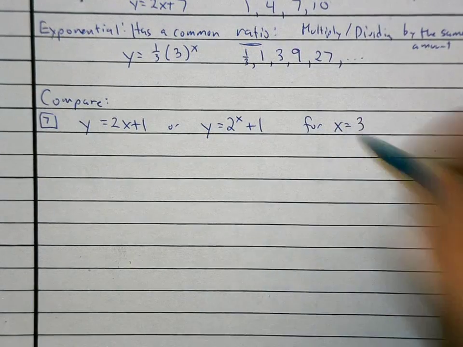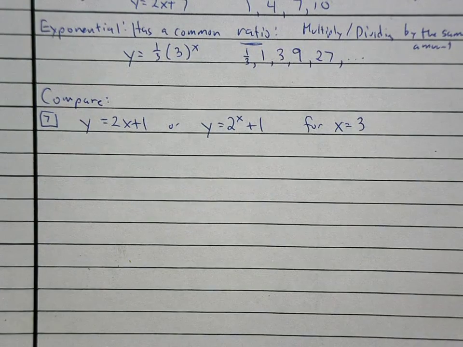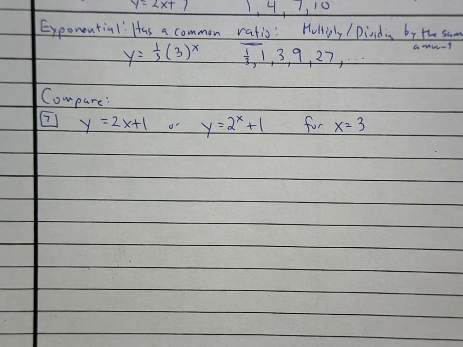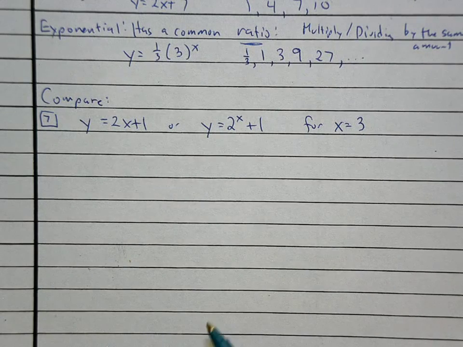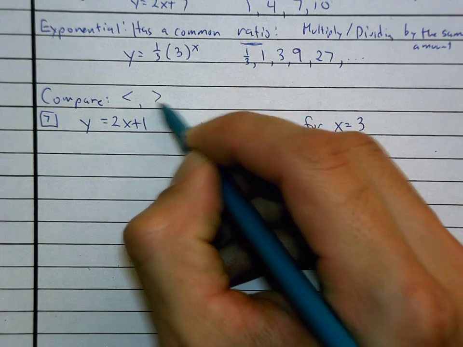They have to say for what value, because we don't know where we're comparing. This is where we're going to compare. Y equals 2x plus 1, or y equals 2 to the x plus 1 for the value of x equals 3. So, which one's bigger? That's what we want to check out.